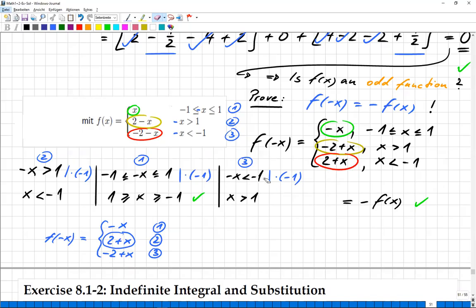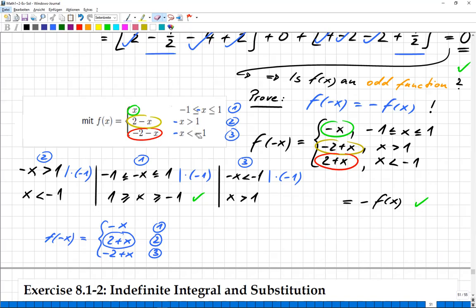This is this interval here. And then transforming it, this means that x must be greater than 1. So this transformed expression, negative 2 plus x, belongs to the right-hand interval. The other one belongs to the left-hand side. I don't know if I explained the same thing twice, but it's important to see that by this step, these two intervals get exchanged against each other.